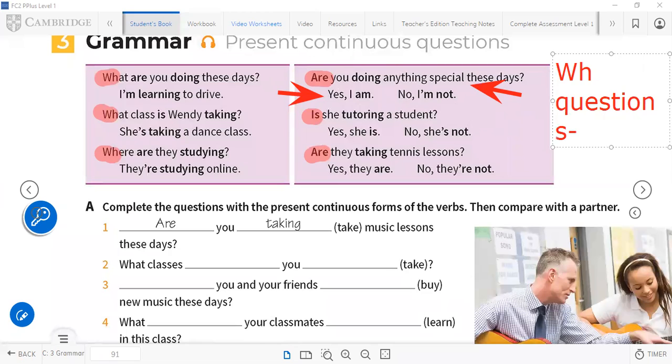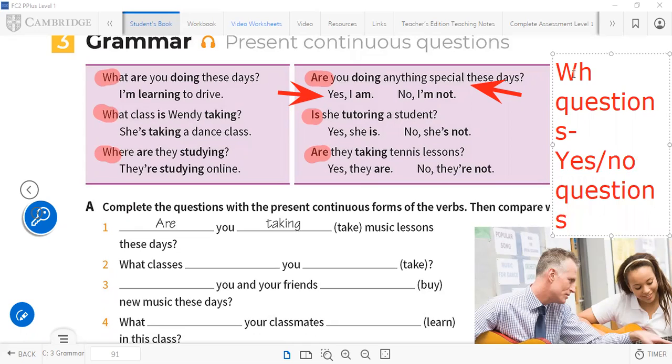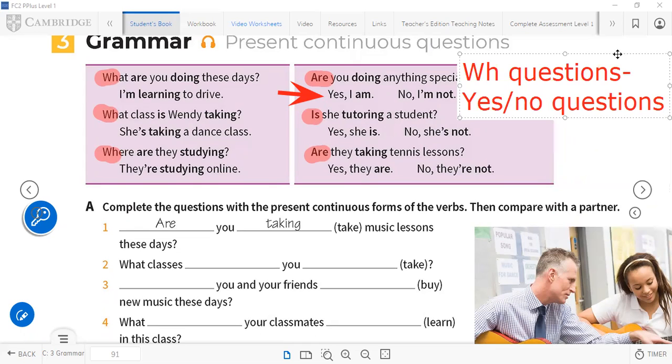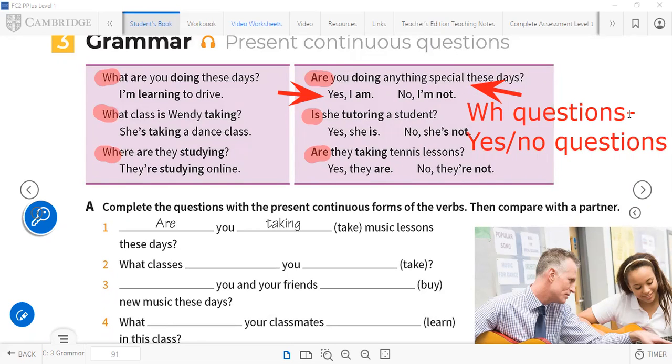And also we have short questions or yes no questions, o los famosos llamados yes no. Okay, let's see here. Wh-questions and yes no questions. That's all.